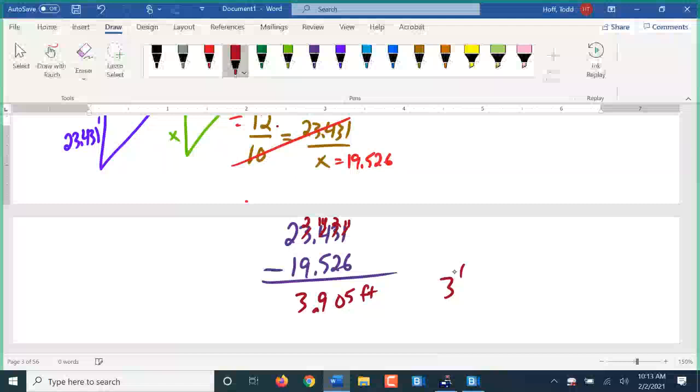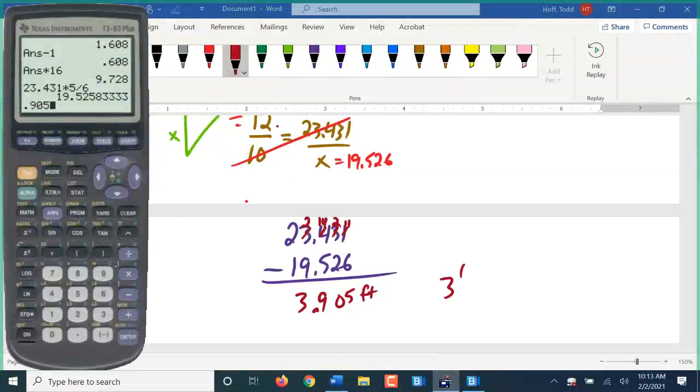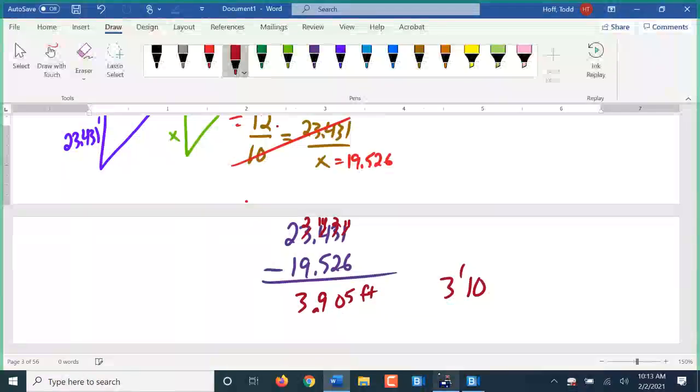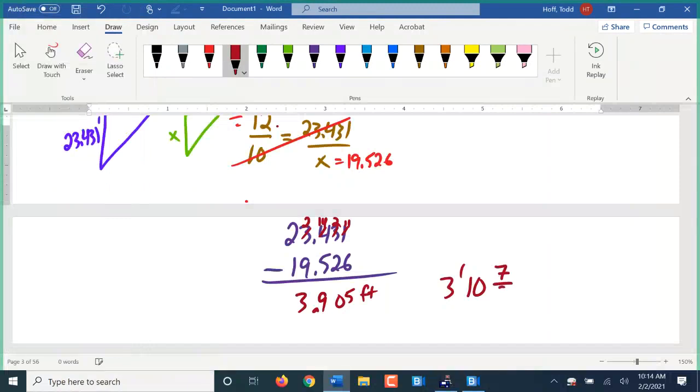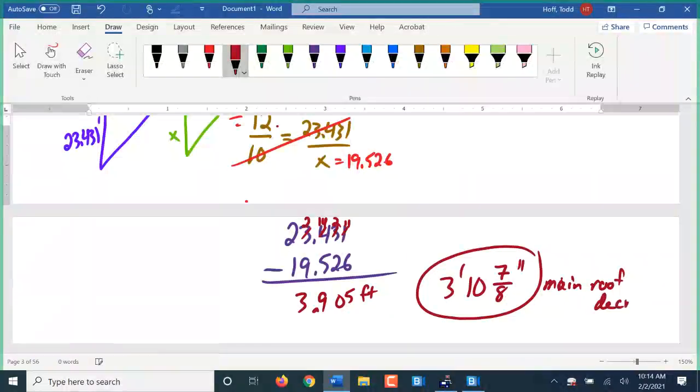So that's 3 feet. 0.905 times 12 is 10 inches. Or take that 0.86 times 16, which is 13.7, about 14/16, which is 7/8. So that is the main roof decrease, the decrease on the main roof side.